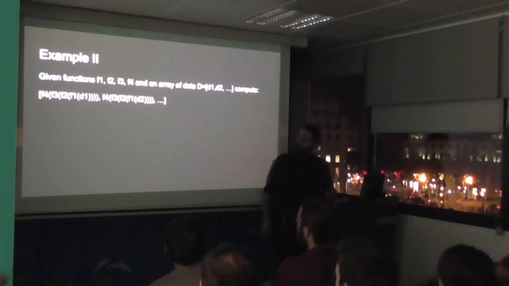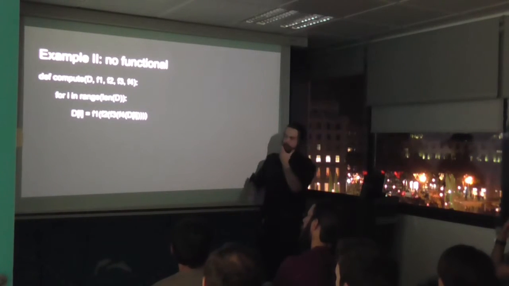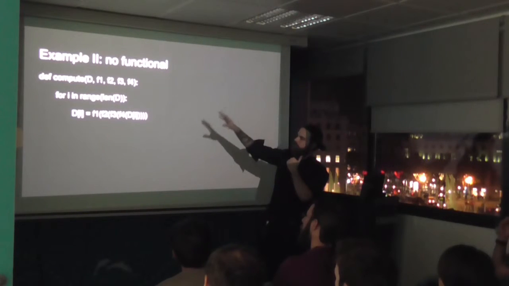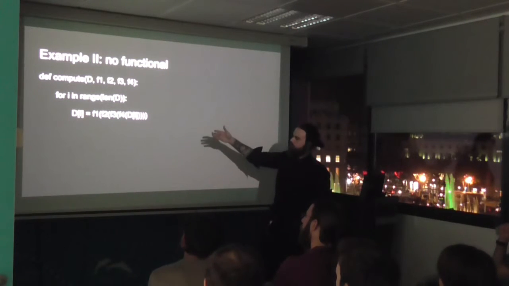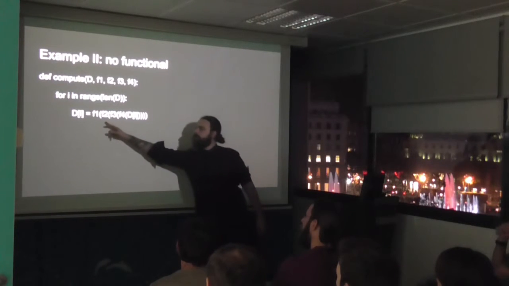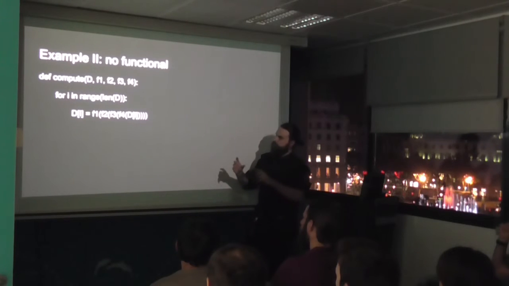If you want to do it straightforward, you have something like this. Completely hard-coded. You define a function that takes the data and 4 functions, and you are going to override the values of D with the computation of these 4 functions nested.